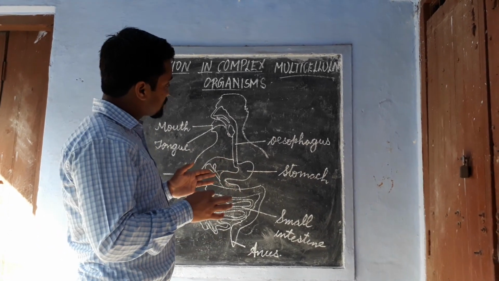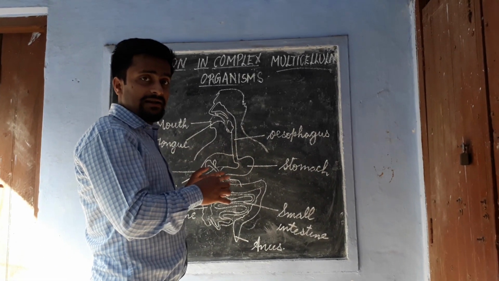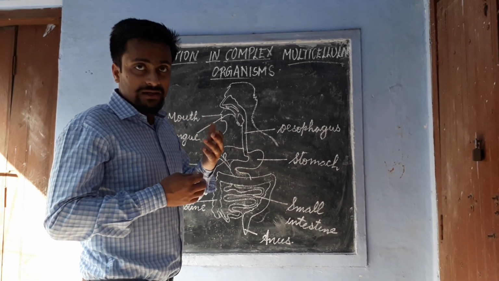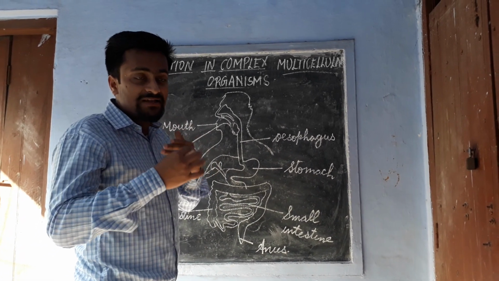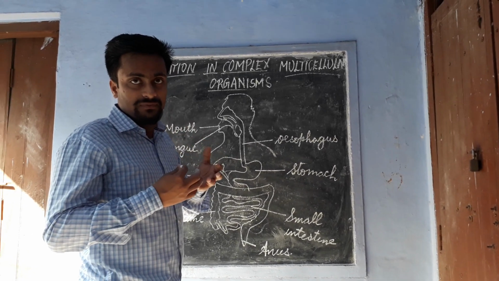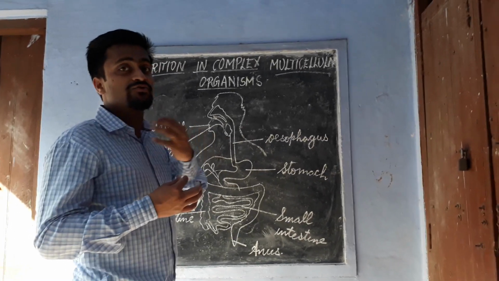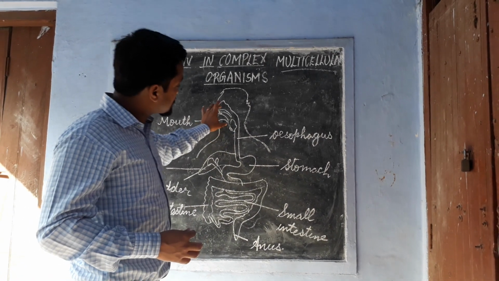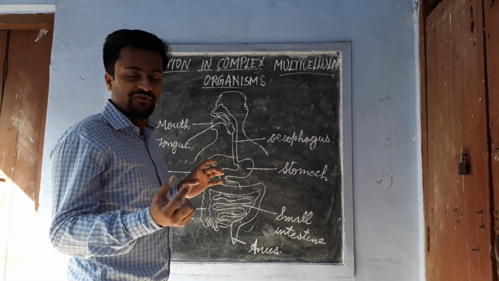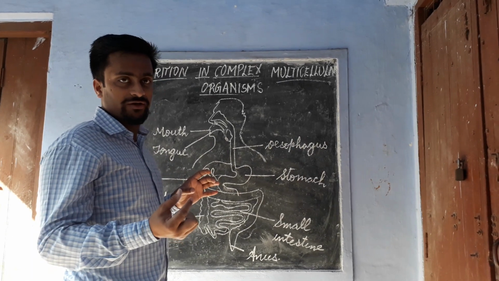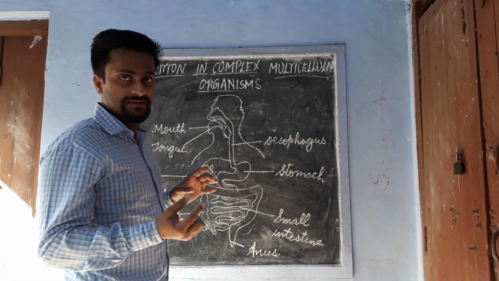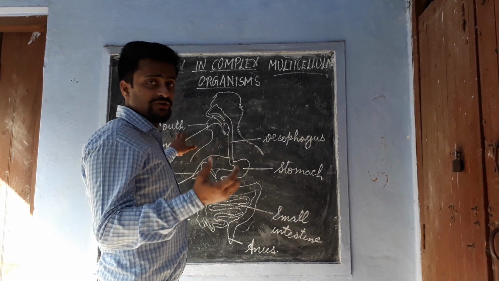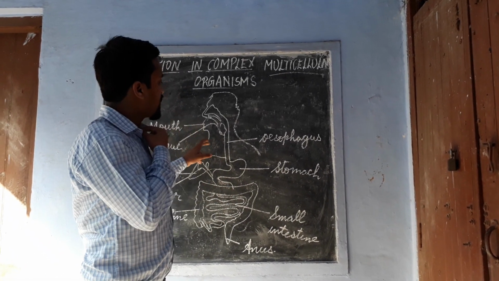Once the physical and chemical digestion is completed, the mucus makes the food moist, so that the food can be swallowed very easily. Since the food stays in the mouth for a very short period of time, only partial digestion of food takes place.